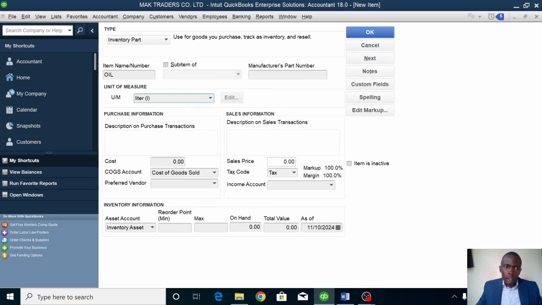Finish. The description is IV 003. Then the cost is 10,000. Then the selling price is 16,000. It is under sales. Say on hand we have 10.